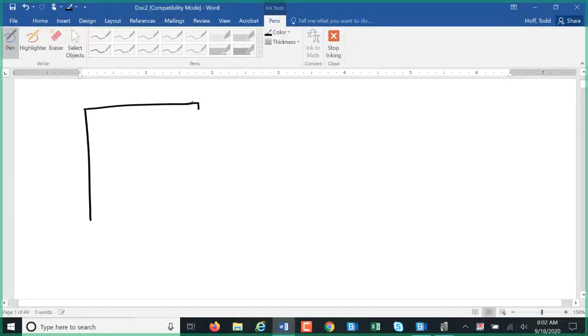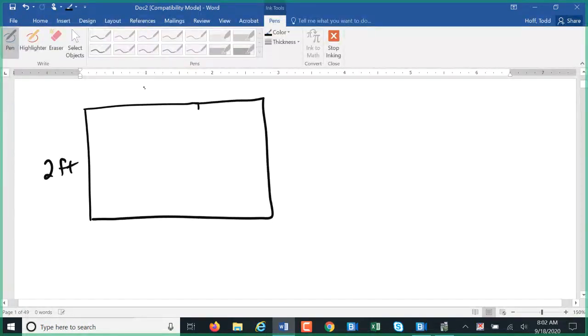Let's do a rectangle here that is 2 feet wide and 3 feet long. The area would be 3 feet times 2 feet, or 6 square feet.